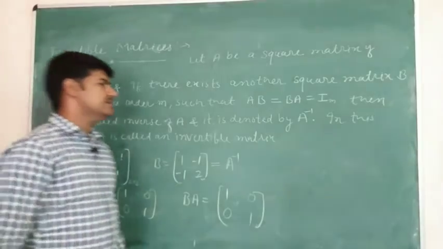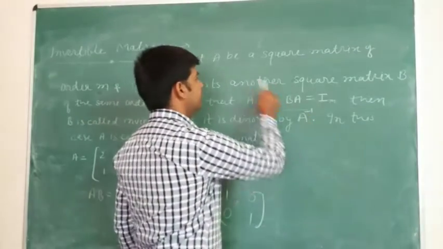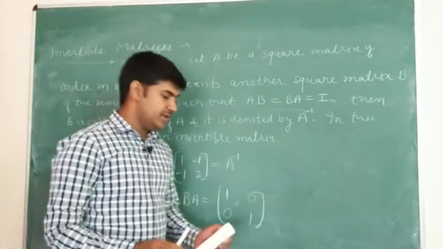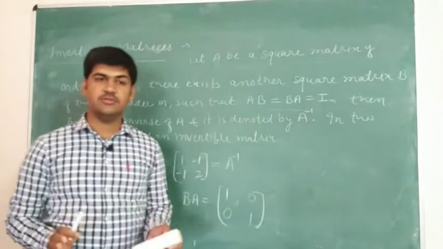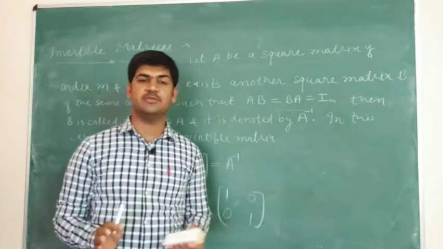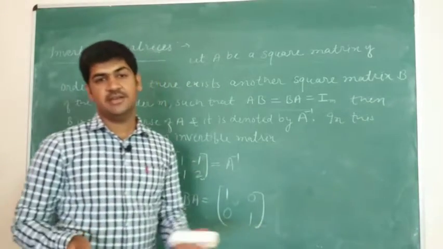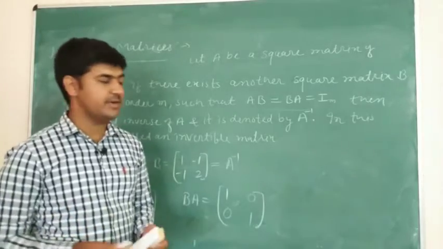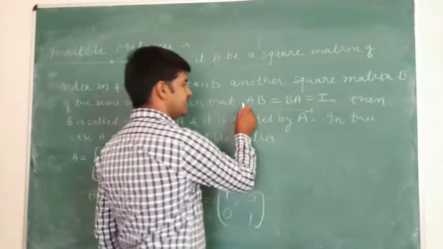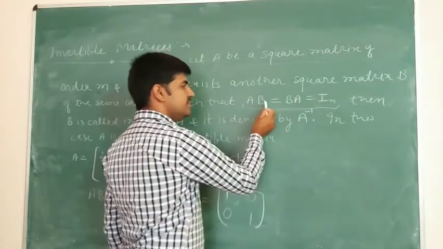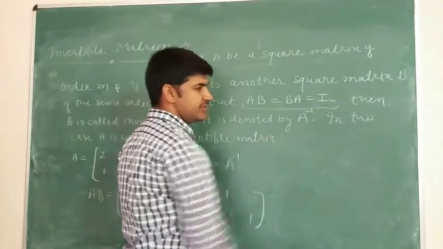Now I am answering why we took A as a square matrix only. As I said, it is possible to find the inverse of a square matrix only. No other matrix has an inverse other than a square matrix. Students, the condition for the inverse of a matrix is AB is equal to BA is equal to identity matrix.